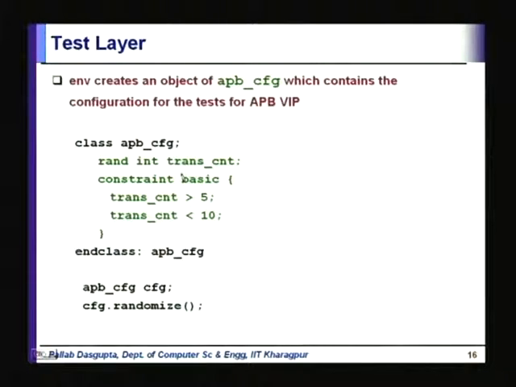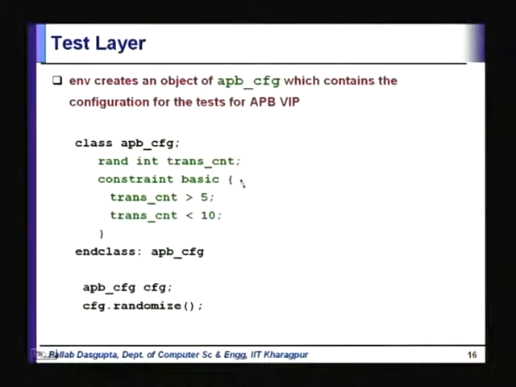It's defined as a random integer. There is a constraint which says trans count is greater than 5, trans count is less than 10, right. When you do cfg.randomize, what is it going to do? It is going to randomly assign some value to trans count which is greater than 5 and less than 10, right.